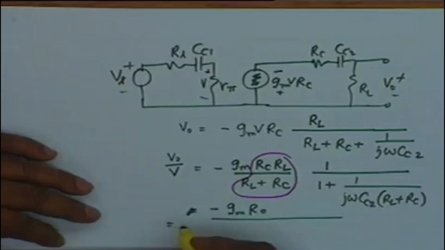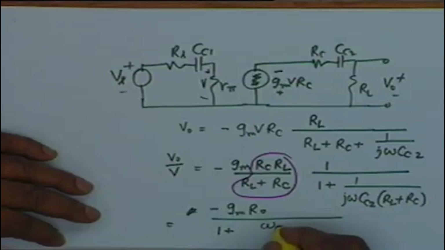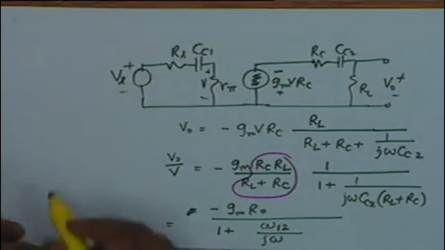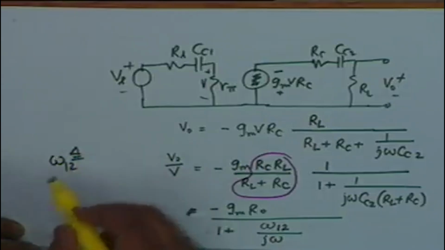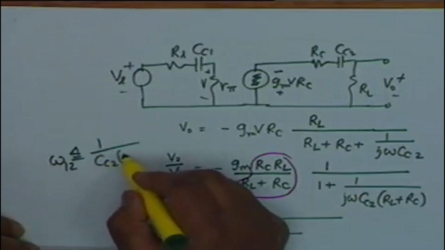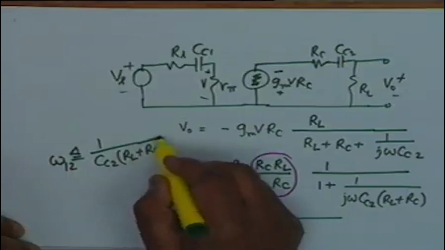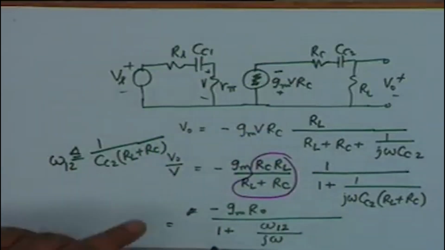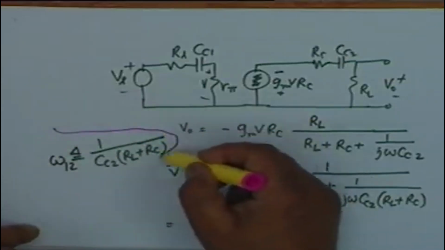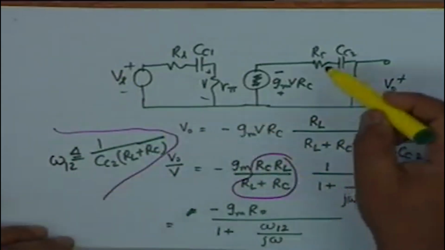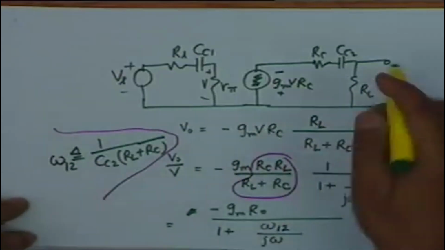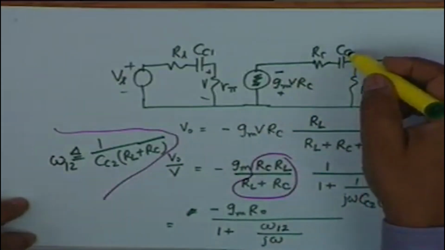divided by 1 plus, now I introduce a term omega 12 by j omega, where I define omega 12 as 1 over CC2 RL plus RC. You see, the definition is that it is the inverse of the time constant of the circuit. What is the time constant? Product of capacitance and resistance.